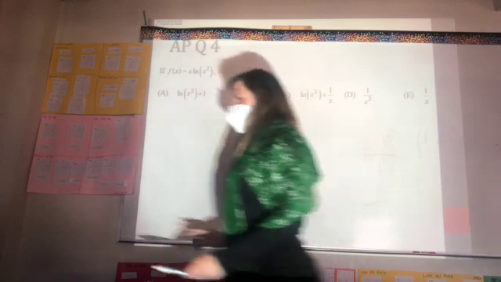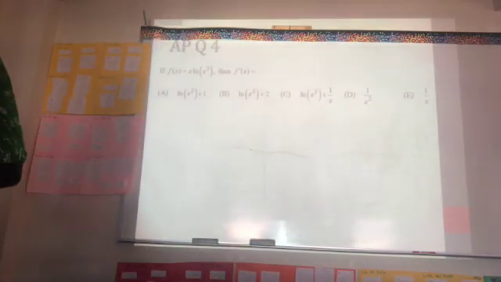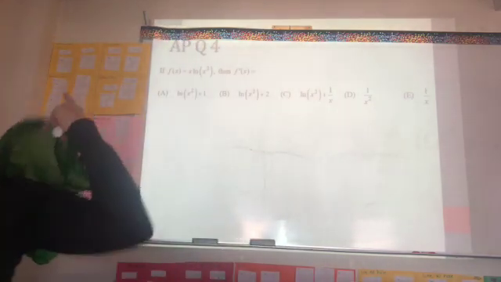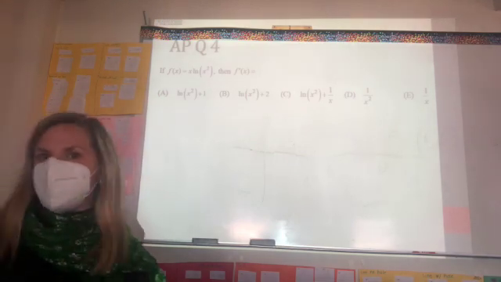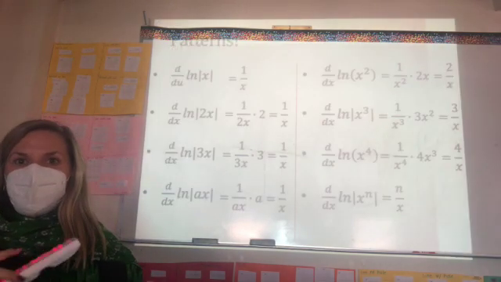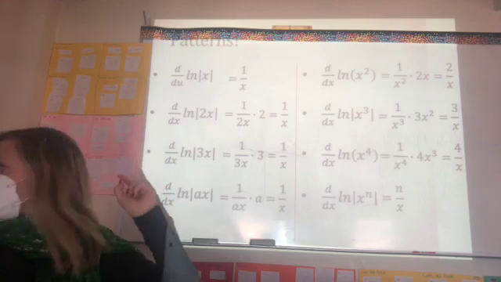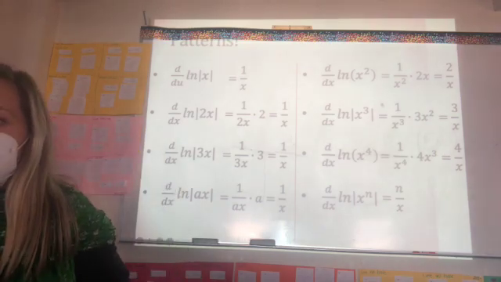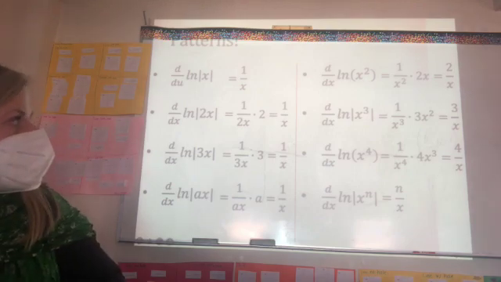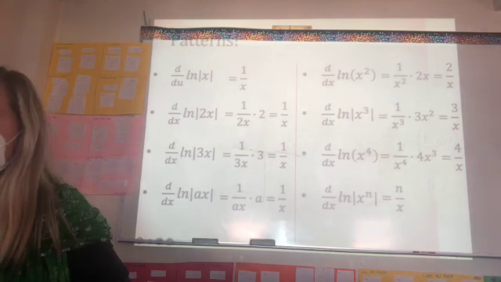I want to remind us of a pattern. It should be 2x over x; you simplify it. Look at this slide. We did this before. Remember how the derivative of ln of x squared is 2 over x?